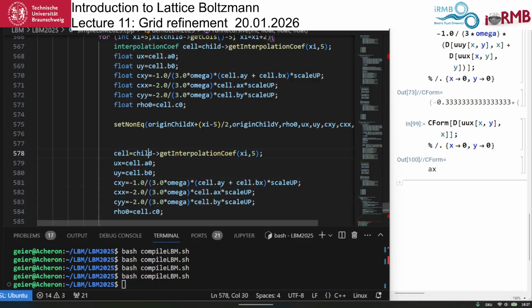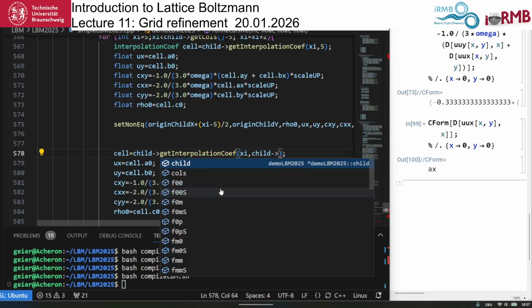So we get to the other side of this. So where is this? We need to get from the child. So in X is rows, right?